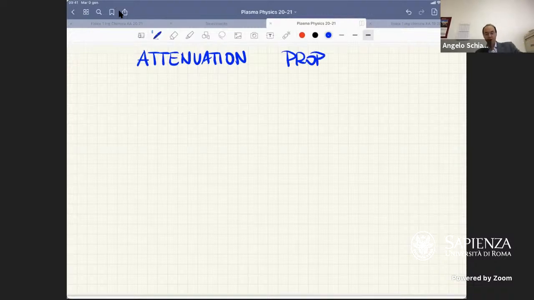This is important. Obviously, we are talking about attenuation where the wave can actually propagate, so we are above the cutoff where the light wave can propagate. And now let's focus our attention on the second part of the dispersion relation.